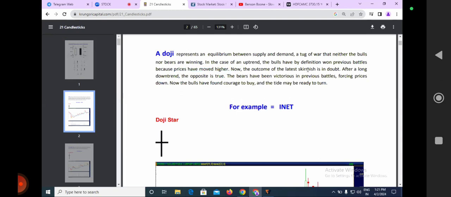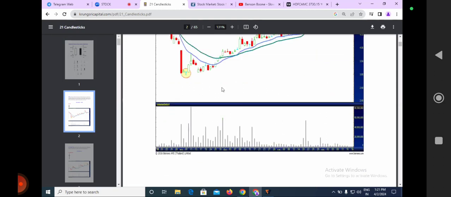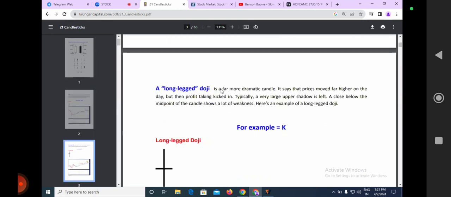Now the outcome of this later is in doubt. After a long downtrend, the opposite is true, which means the bears were victorious in the previous battle, forcing the prices to come down. So this is how the doji candle works in the market.